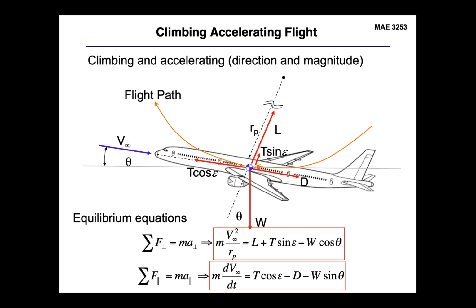So even for sustained flight, when we look at banking maneuvers, where we're going to assume that our forces are acting sustained in flight, to get to that point, we're actually going to have to change these values in order to impart that motion that generates these unsteady forces acting on our aircraft.